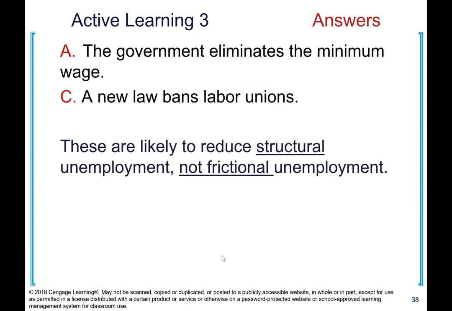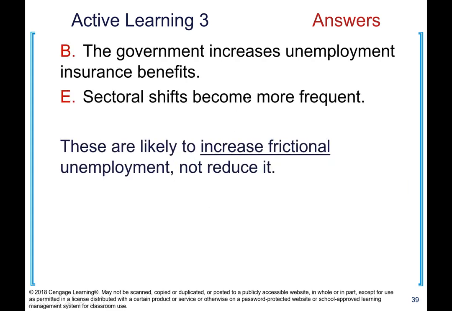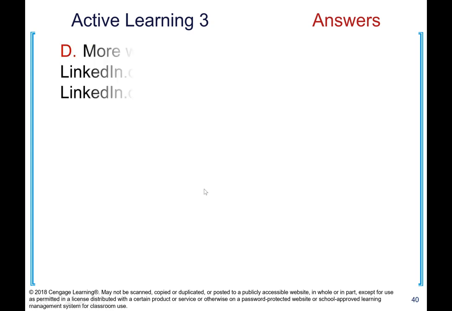Number A, government eliminates the minimum wage, and number C, new laws ban labor unions, are likely to reduce structural unemployment, but not frictional unemployment. Number B, government increases unemployment insurance benefits, and number E, sectoral shifts become more frequent, are likely to increase frictional unemployment, not reduce it.